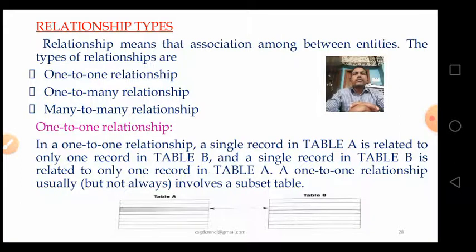These are the different types of attributes we discussed in the previous class.